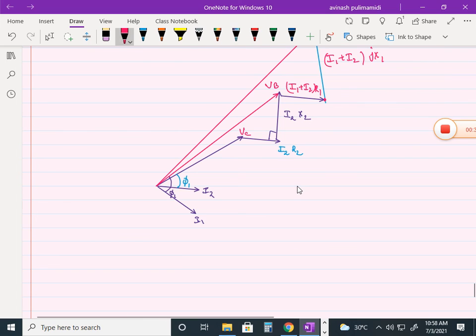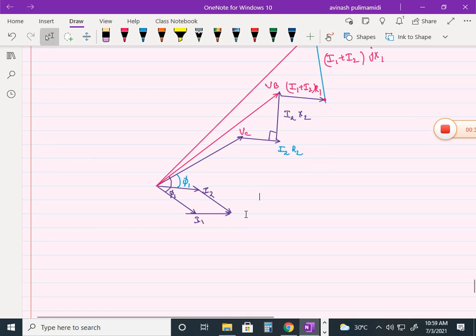Now what is the combination of I1 and I2 will be? A line just parallel to this one, and a line just parallel to that.